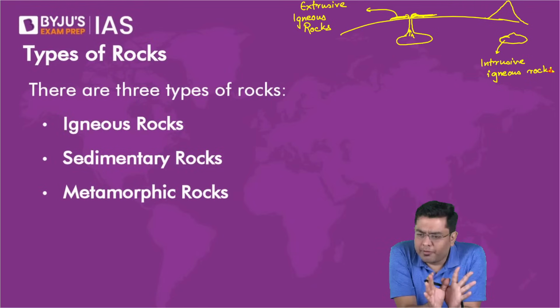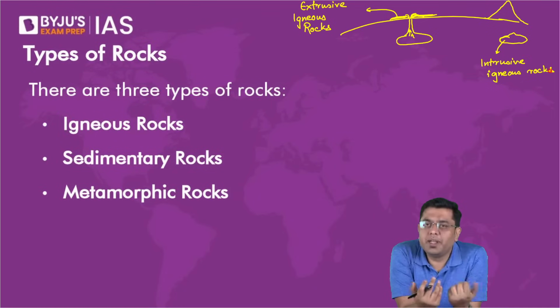So, majority of us have said that it is correct to say that they are the primary rocks. What do we mean by primary? Means the first kind of rocks. When the planet was solidifying, during the phase of degasification, all the molten materials would come out and they would solidify.